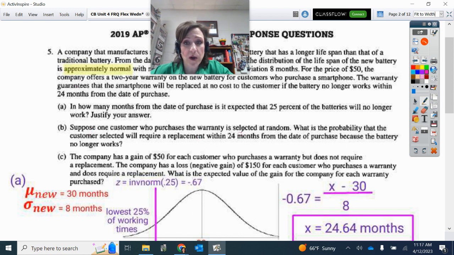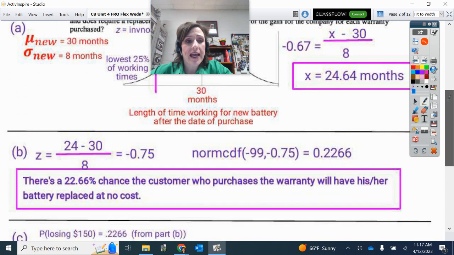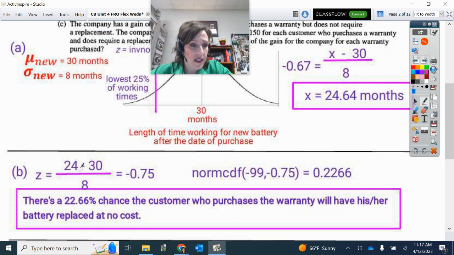The question wants to know, what is the probability that a randomly selected customer will require a replacement, so will be taking advantage of that feature? That is this idea of us having the 24 month mark. I worry that I did not satisfy one of the required pieces to this problem.